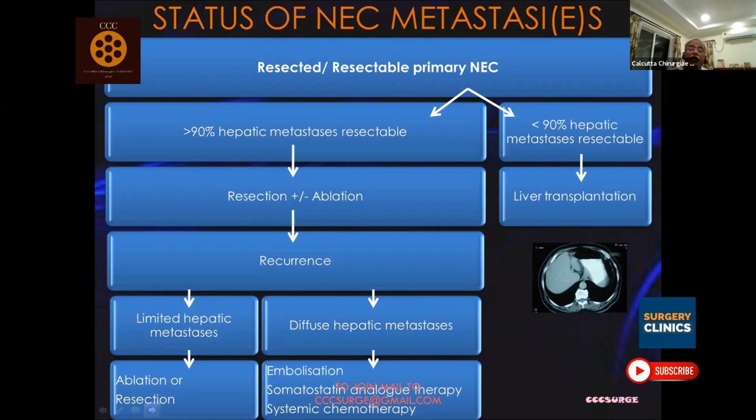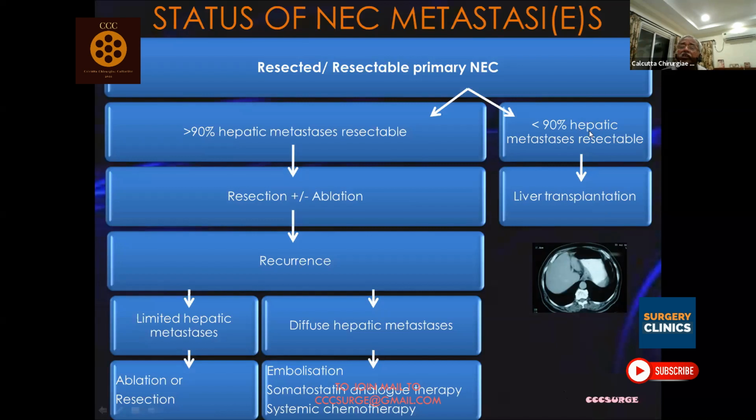But unfortunately, he came in later with diffuse hepatic metastases, and we treated him with embolization and systemic chemotherapy. He's still around because the problem with the neuroendocrine metastases is that it is hugely symptomatic but spreads slowly.